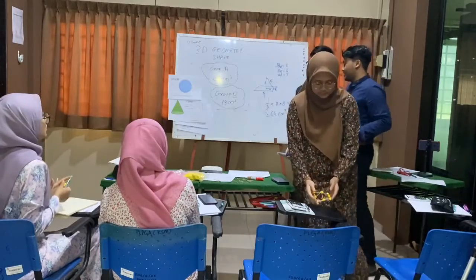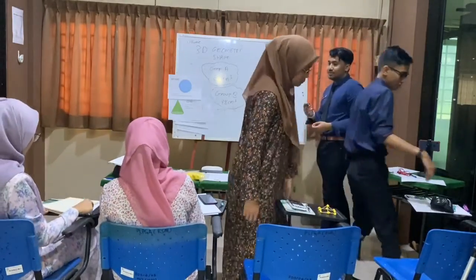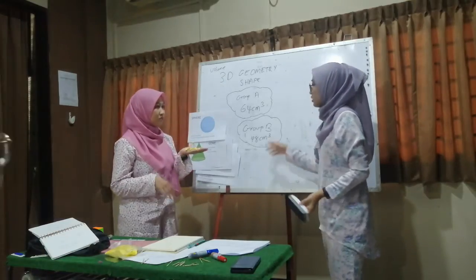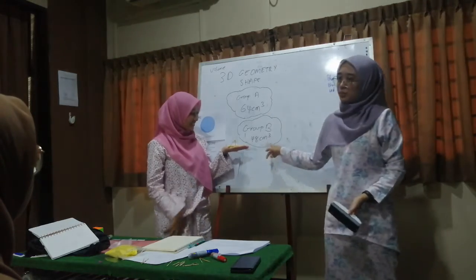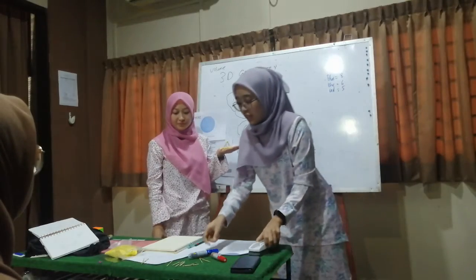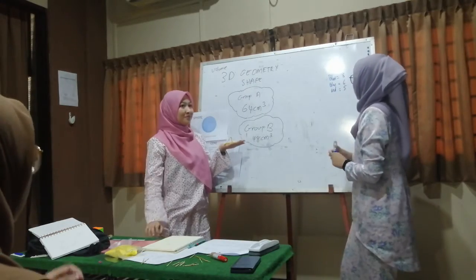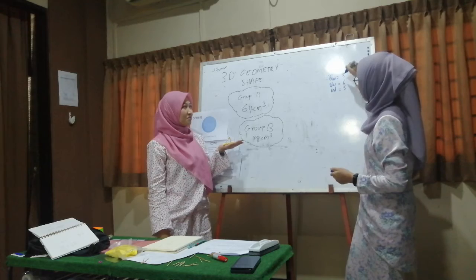Now we will move on to group B. Our group made this pyramid, and the volume of our pyramid is 48 centimeter cube. The black stick is 6.